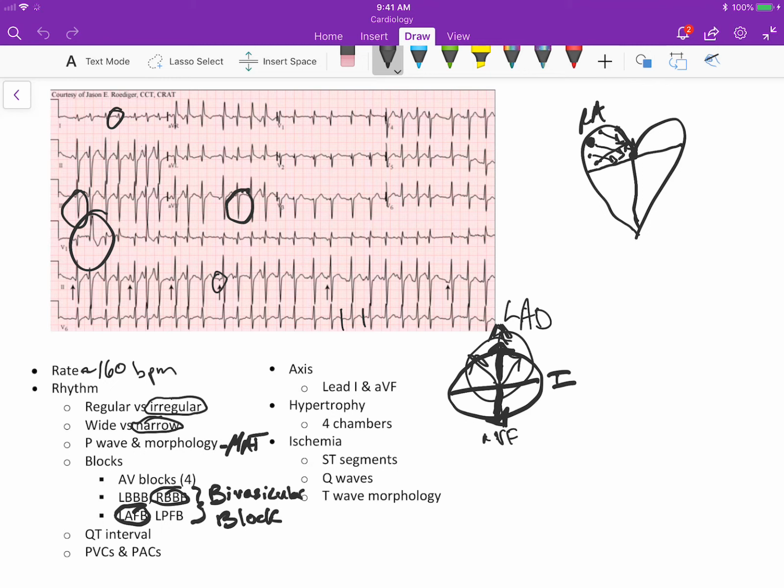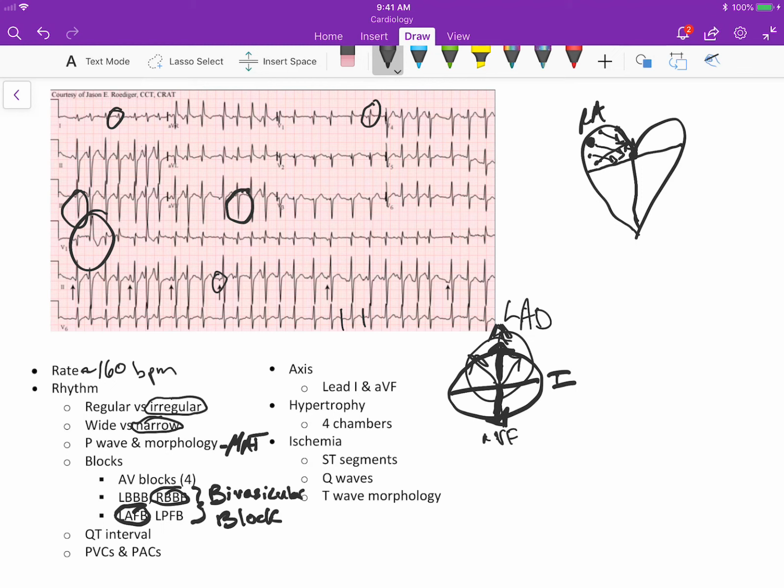Looking for right ventricular enlargement going to V1, you would expect a larger R than S. It's about equivocal, so I'm not going to call that, but there's an argument to be had there. Finally, left ventricular enlargement, looking at the S in V1 and the R in V5, V6, clearly does not meet the 36-point criteria. So not convinced there's any hypertrophy here.